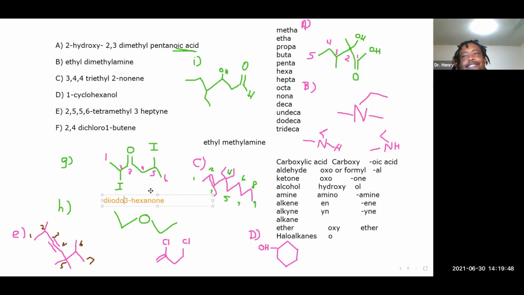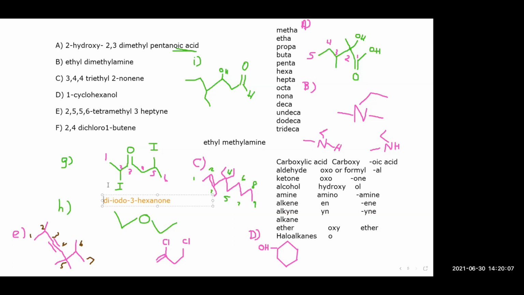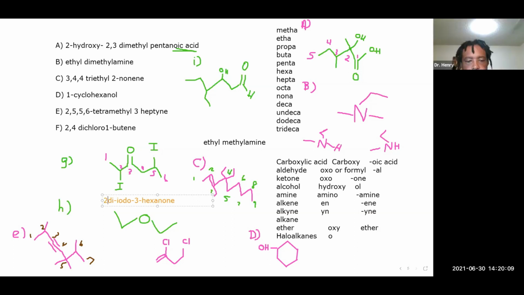Diiodo. So we have diiodo. Where are the diiodos located? 2 and 5. So 2,5-diiodo-3-hexanone.